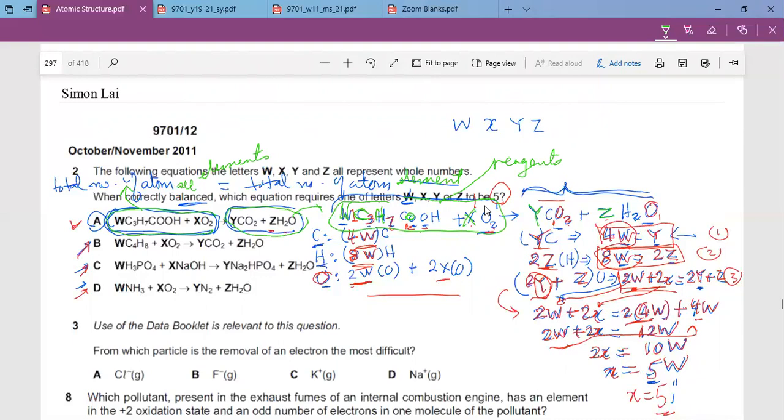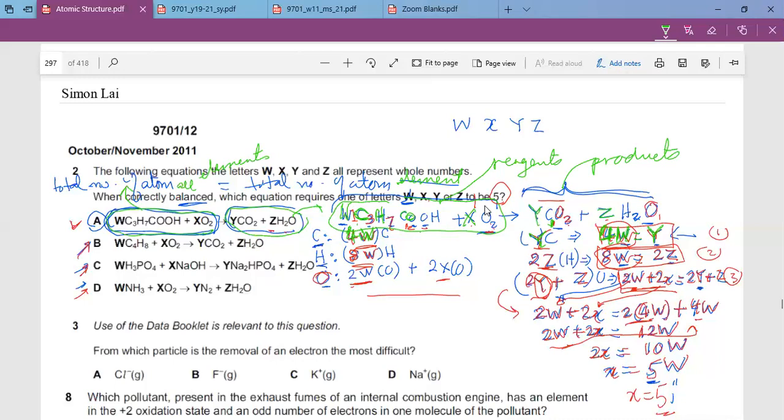For 1 mole, there's 3 plus 1, so 4. 4 times W, 4W of carbon. Now on the product side, for carbon dioxide, one mole is one atom of carbon, so Y atoms of carbon. None in water. So I can say 4W equals Y. This is the first equation I get.